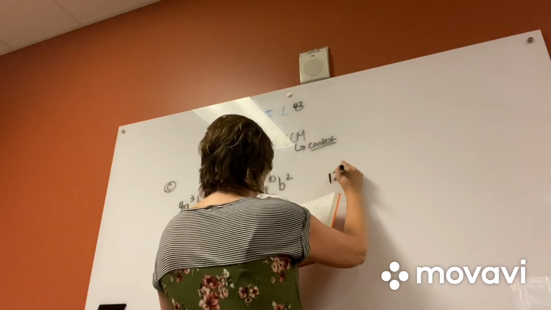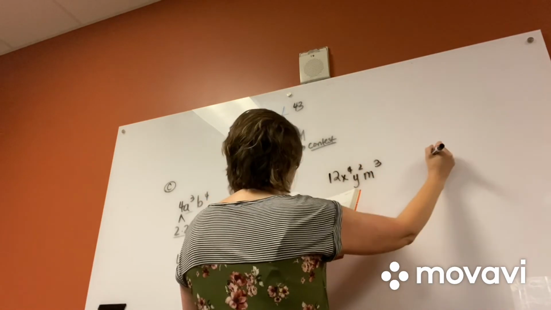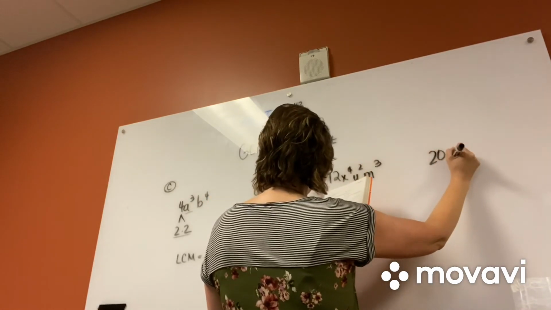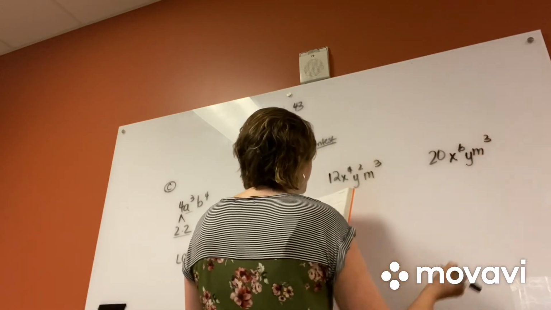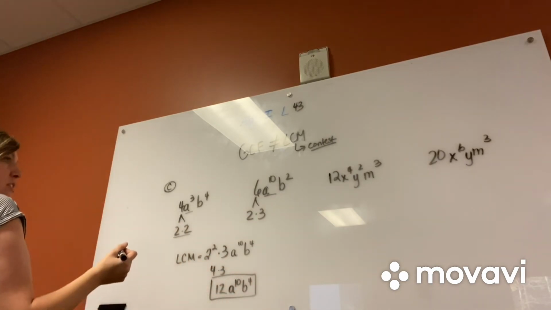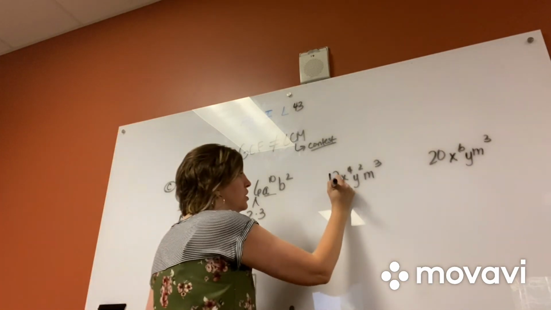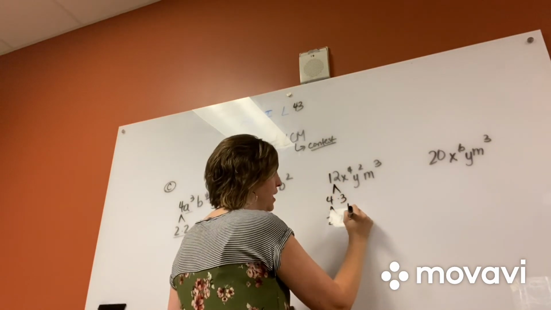How about 12x to the 4th, y squared, m cubed, and 20x to the 6th, y m cubed. All right, so let's do our numbers first. So this would be 4 times 3, 2, 2, and 3.